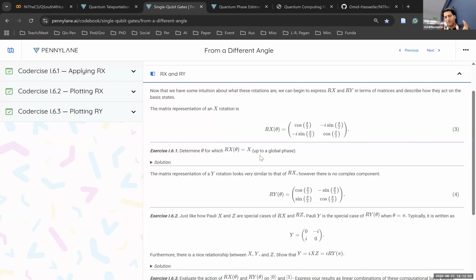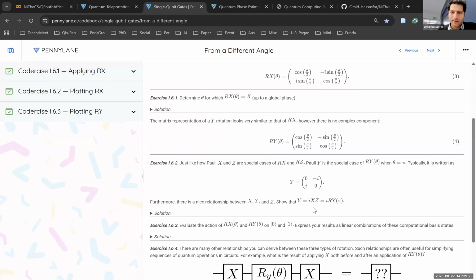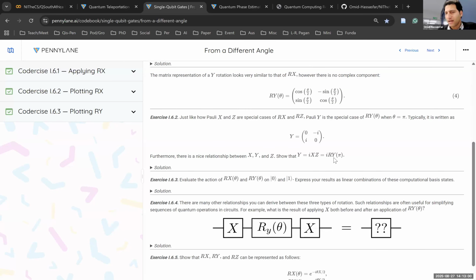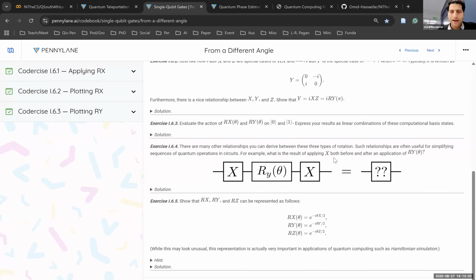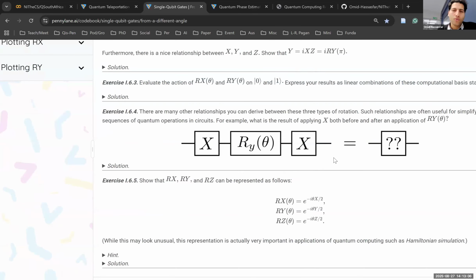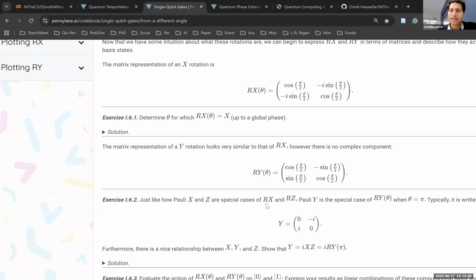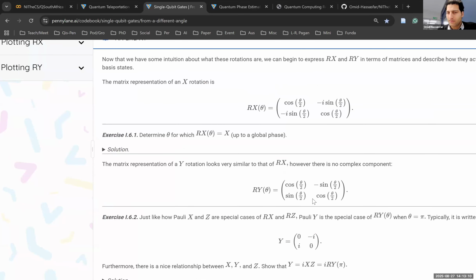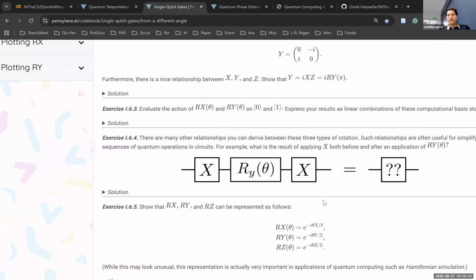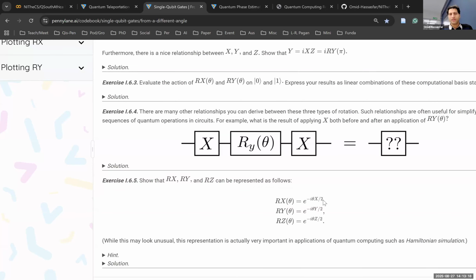For Ry, if theta is pi, it is exactly equivalent to Pauli Y. And there are some nice relations between y, x, and z. One important thing here is, although we can represent our Rx and Ry with matrices like these, there are other types of representation.